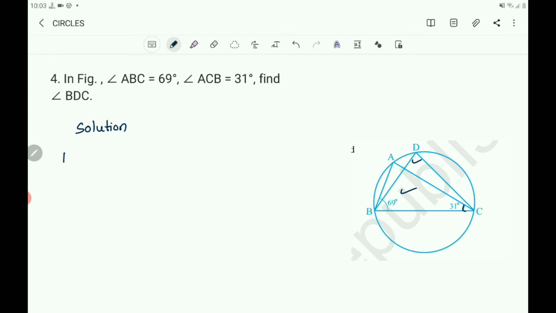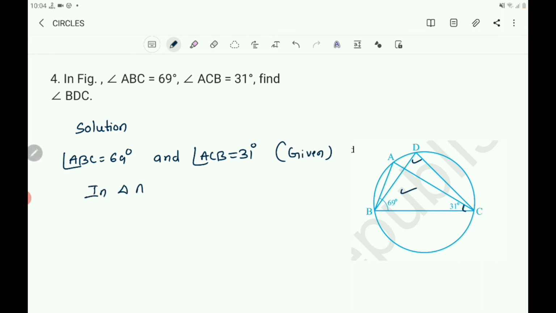What is given here, angle ABC equals 69 degree and angle ACB equals 31 degree, that is given. Next you take the triangle BAC.